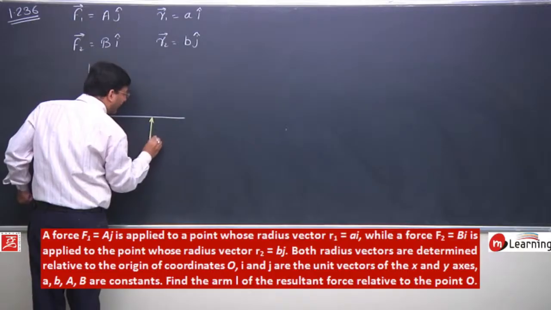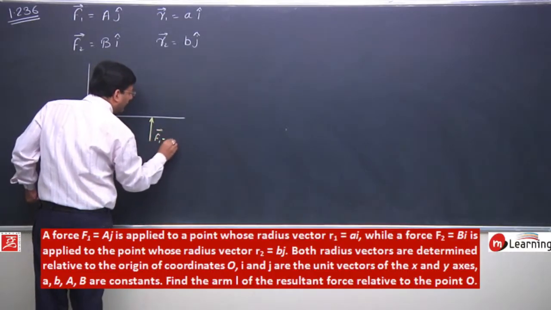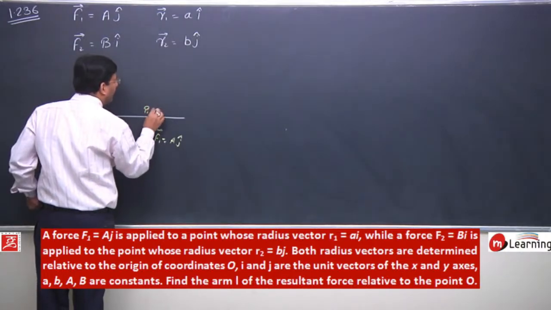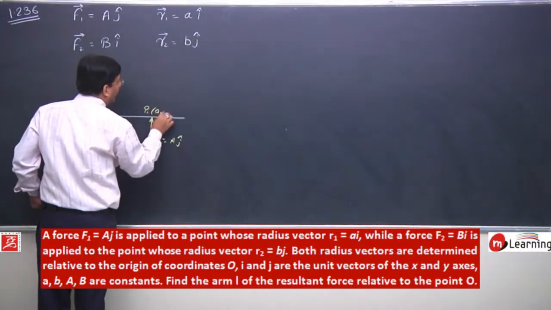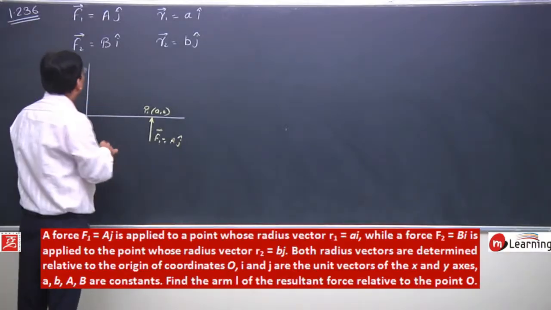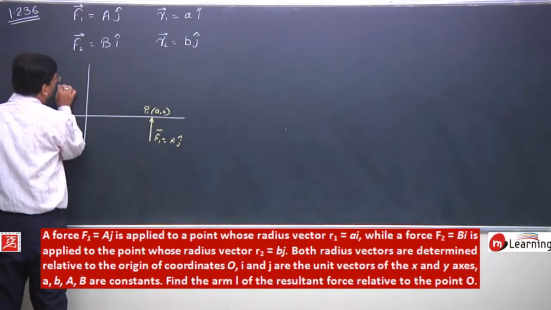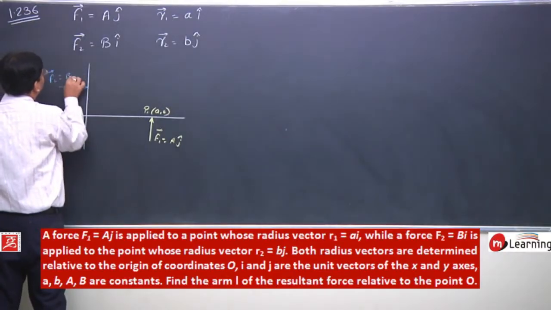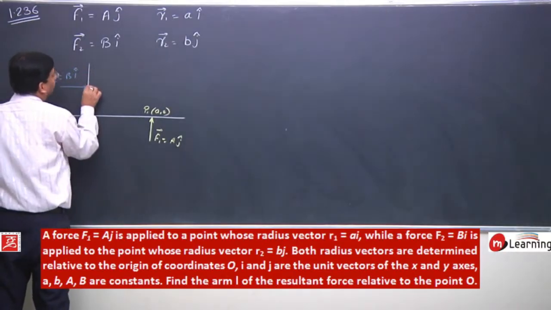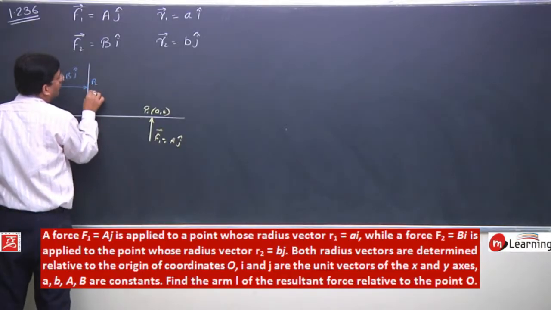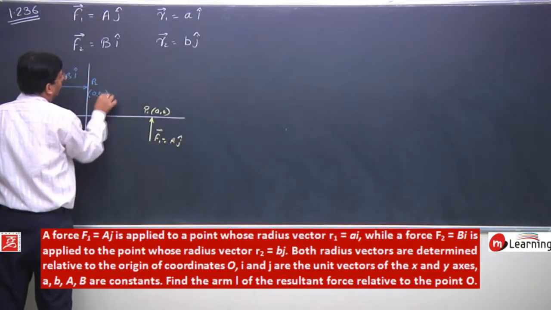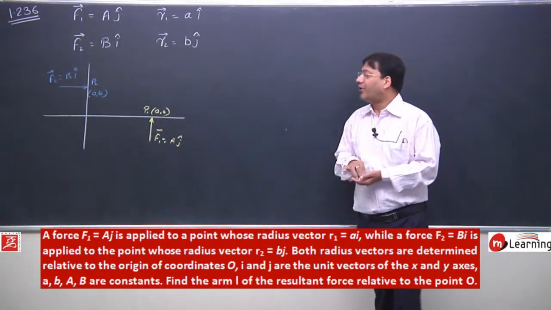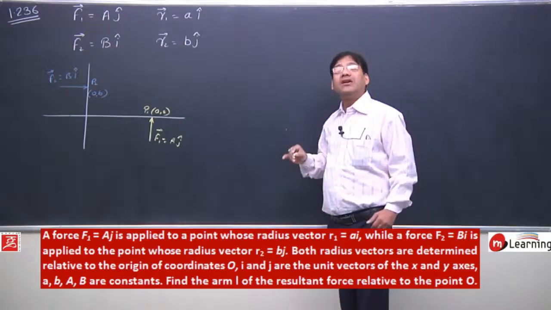It's applied at this point P1, which is at A comma 0, and this force F2, which is BI, is applied at this point P2, which has coordinates 0 comma B. In this case we have two different forces applied at two different points. Now we need to determine the arm length.